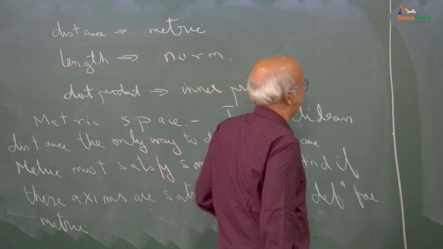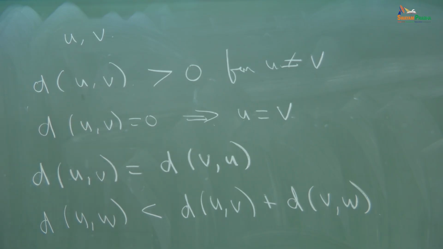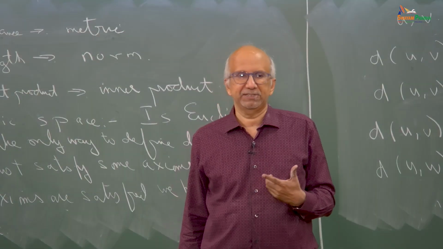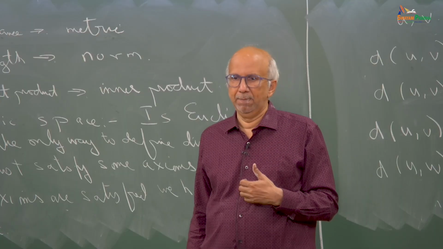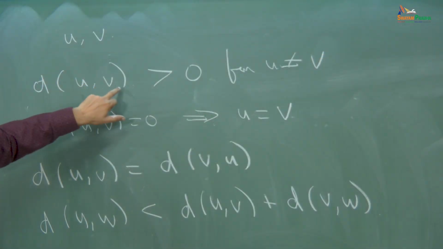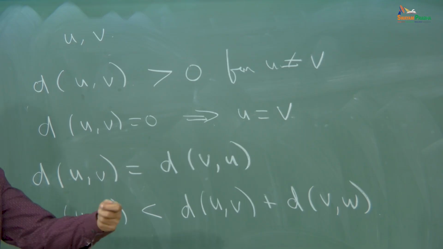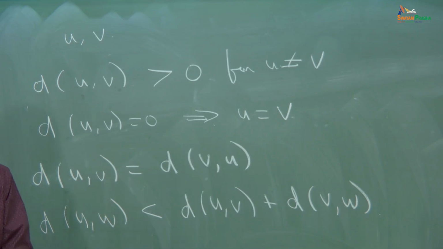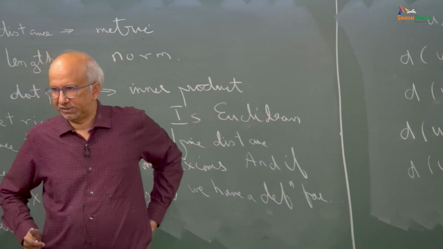So, if you can think of some definition of a distance which satisfies these 4 properties, these 4 axioms, then these are basically common sense axioms, right. Distance will be positive, distance will be 0 only with the same point, distance between A and B is the same as B to A, and the triangle inequality: one side of a triangle is always lesser than the other 2 sides.